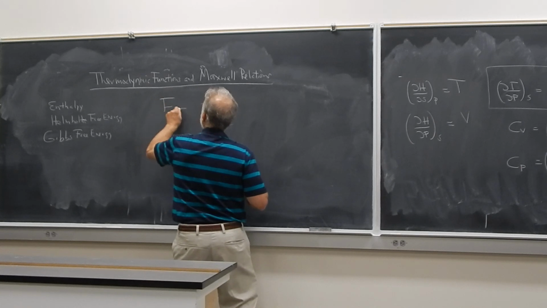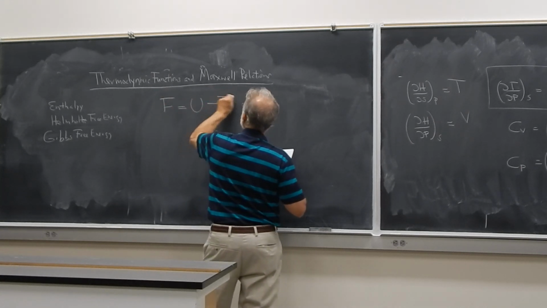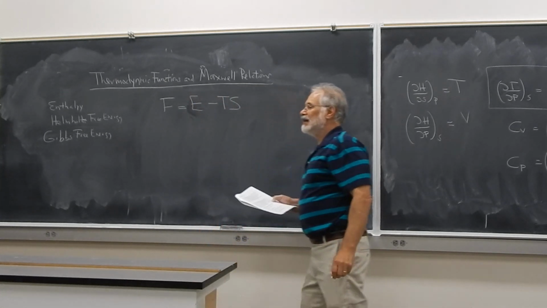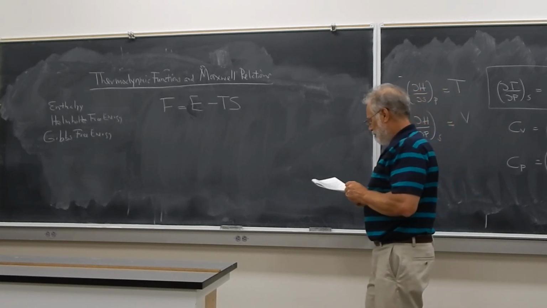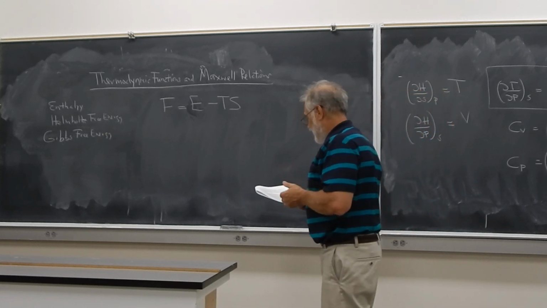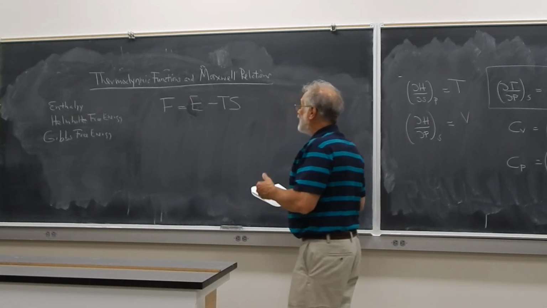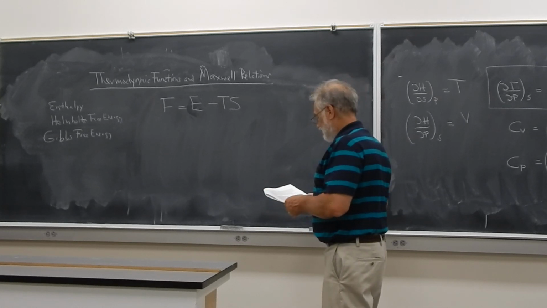And we have an expression for the Helmholtz free energy, which I keep using U and really mean E, energy minus the product of the temperature and the entropy. So the Helmholtz free energy is the total energy needed to create a system minus the heat that you get for free from an environment at constant temperature.